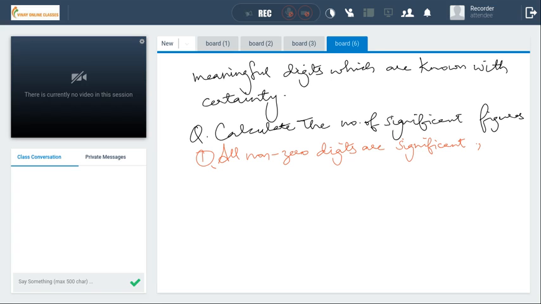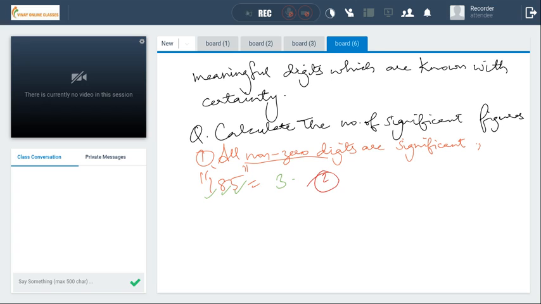Suppose I take any number like 185. There is no zero in this number. All 3 digits are non-zero digits. So the total number of significant figures in this is 1, 2, 3. Easy?